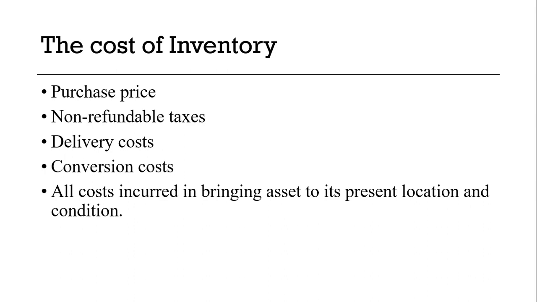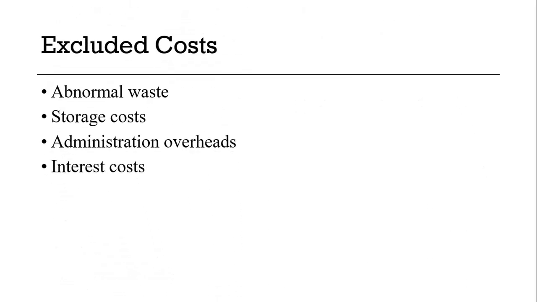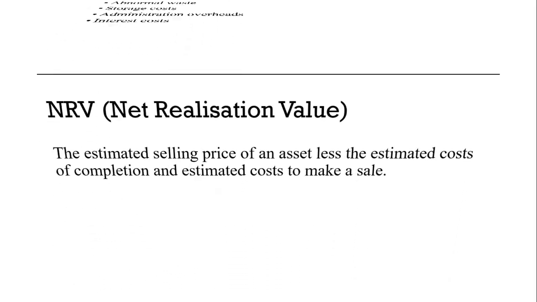I think we also have all costs incurred in bringing the asset to its present location, as well as condition. Some costs must be excluded from inventory, and of course this includes abnormal waste, which is to be considered as an administration mistake, storage costs, administration overheads, interest costs, and so on and so forth.